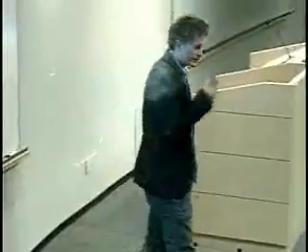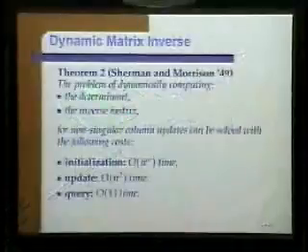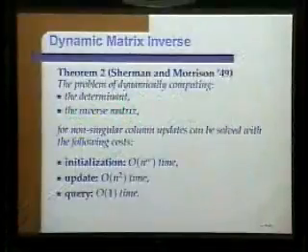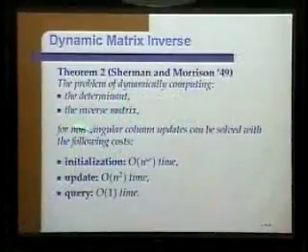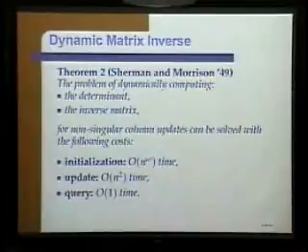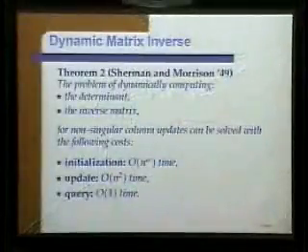So the solution to this problem works in the following time. We can solve the determinant problem and compute the inverse matrix for non-singular column updates in the following times. If you computed the determinant at every stage from scratch, the time would be this, but we can do it in n squared.